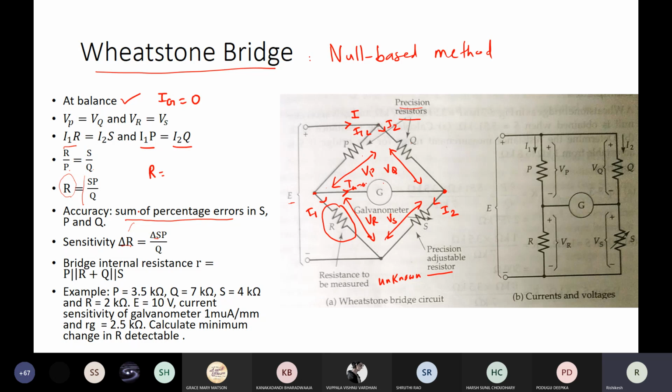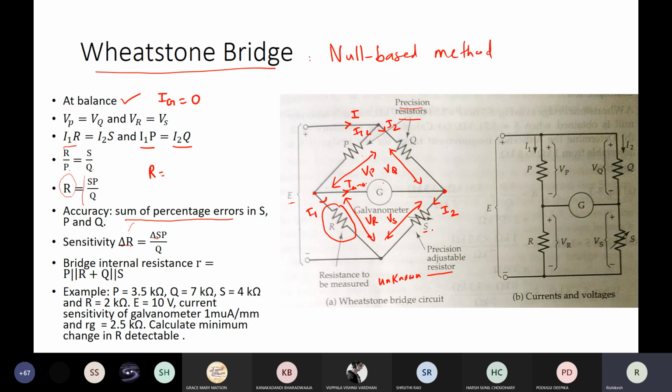You can see that here the sensitivity and precision basically play the same role in this case. They basically mean almost the same thing in this context. We'll take a simple example of the minimum resistance that can be detectable.